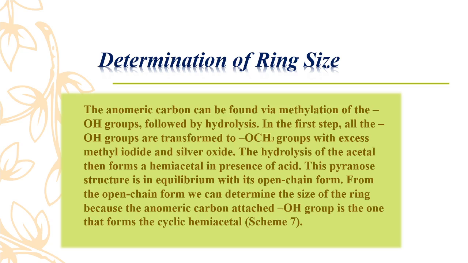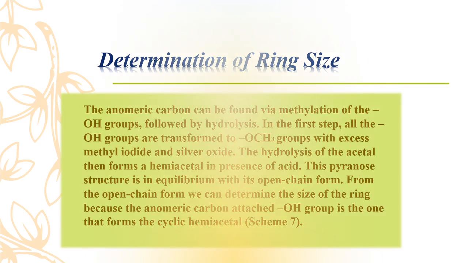From the open chain form we can determine the size of the ring, because the OH group attached to the anomeric carbon is the one that forms the cyclic hemiacetal. From that we can determine whether it is a 5-member or a 6-member sugar.